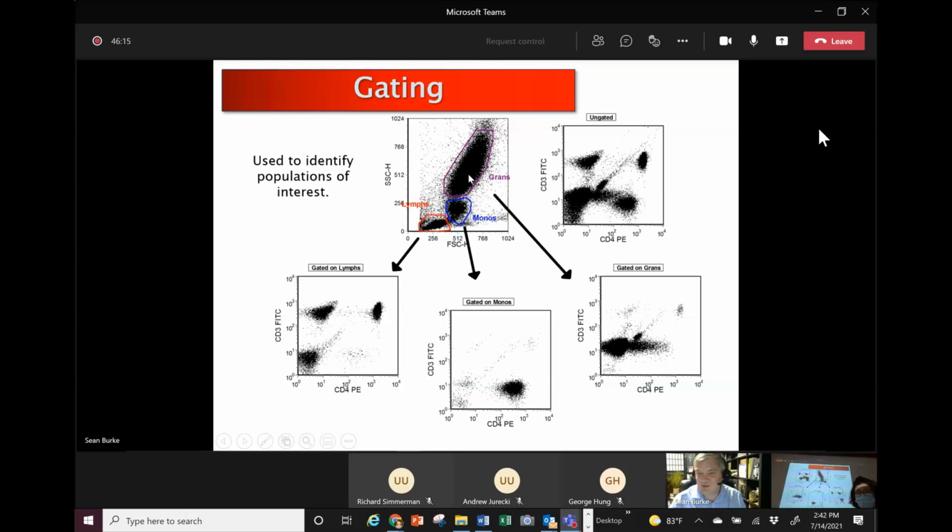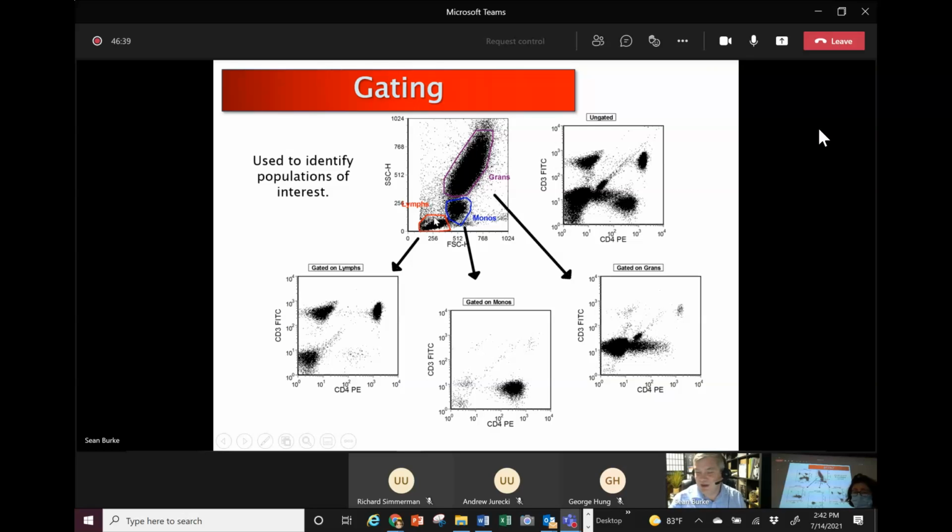But what we can do is label those gates because we know that certain cell types of interest fall within these gates. So if I'm looking at side scatter versus forward scatter detectors, we know through the literature that cells that fall into these lower areas are actually lymphocytes. Things that get bigger are monocytes, and things that are bigger than that are granulocytes.